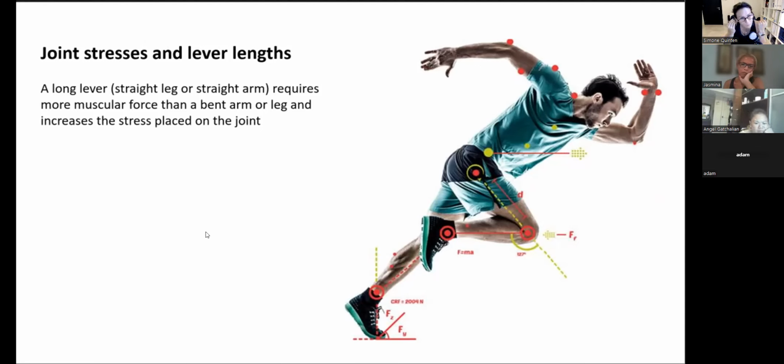So for example, here in your book, when you do a straight leg toe touch, you have little joints in your spine as well.